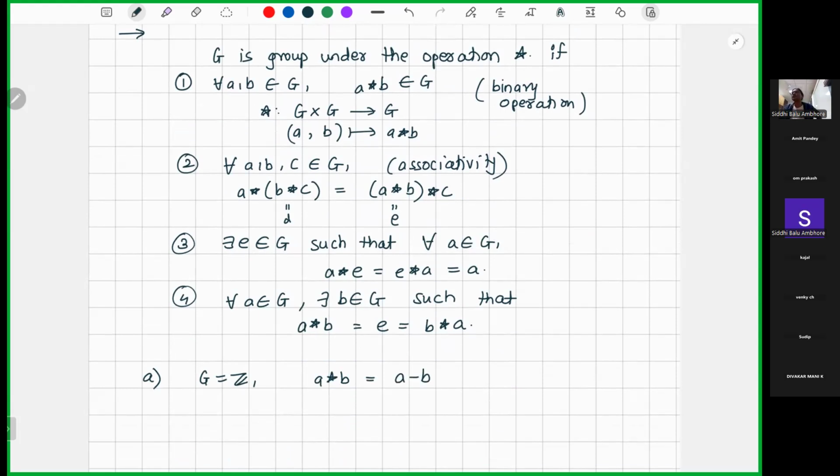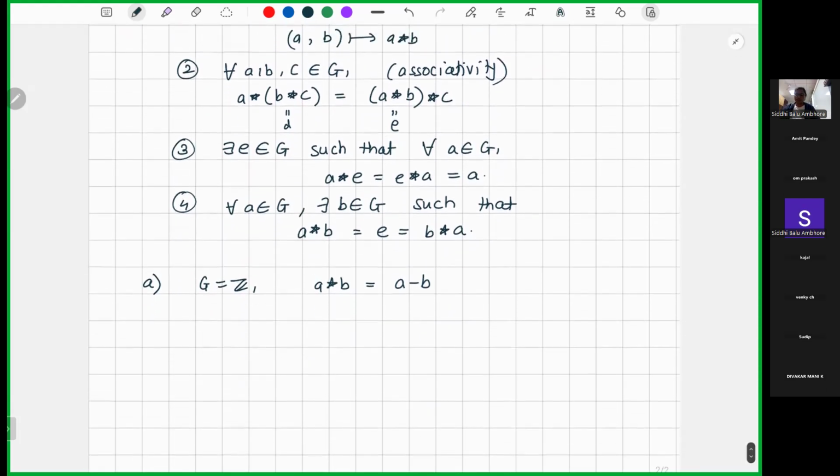The first condition is satisfied in this case, that is, subtraction of any two integers is again an integer. But does this satisfy associativity? So let us check the second one.